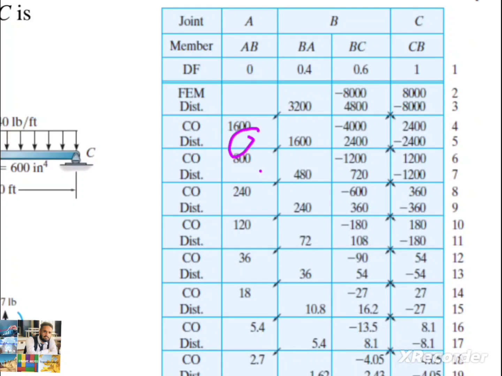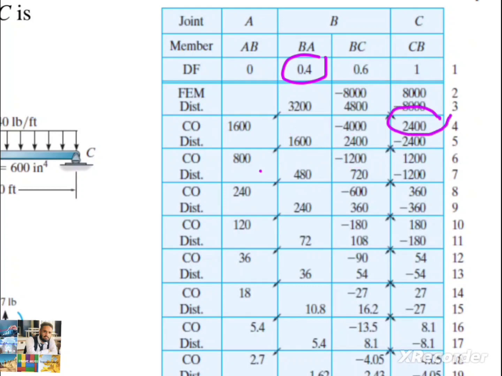Remember, take the opposite and multiply by the distribution factor of the respective joint. At joint B the net will be minus 4000, so the opposite is plus 4000. Multiplying plus 4000 by 0.4 gives 1600, and by 0.6 gives 2400. This is the distribution moment.